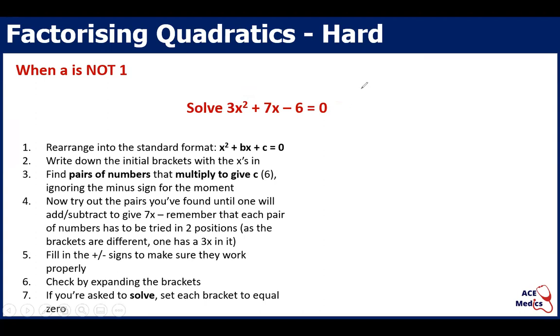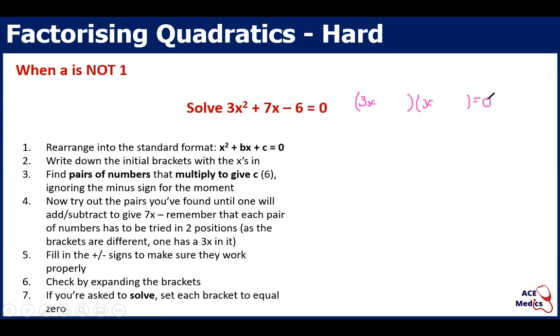Now we're going to write down our brackets. So our brackets, we know one of them is going to be a 3x, and we know one of them is going to be an x, equals 0.